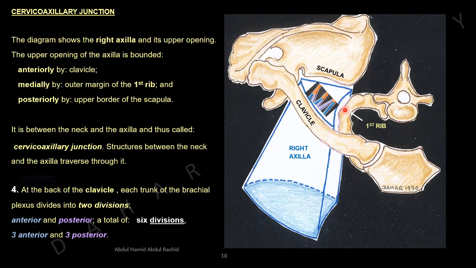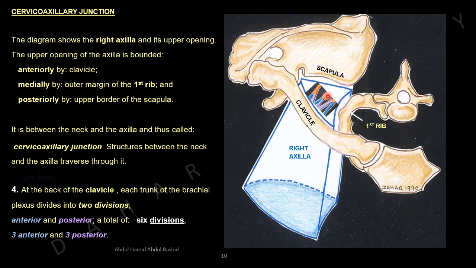At the back of the clavicle, that is deep to the clavicle, at this cervico-axillary junction, the three trunks of the brachial plexus divide or split into anterior and posterior divisions.